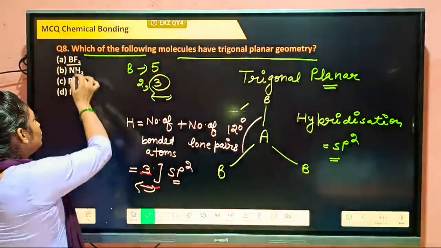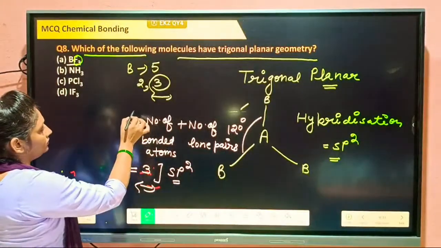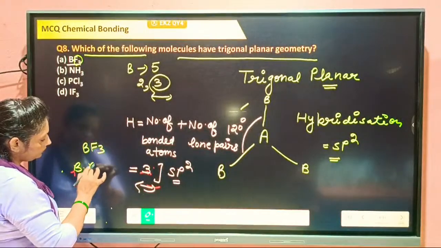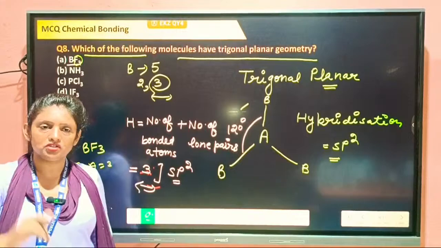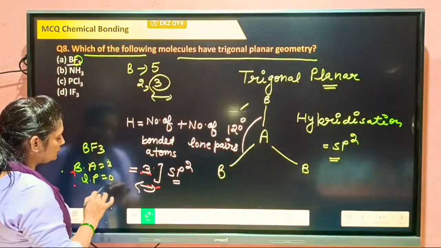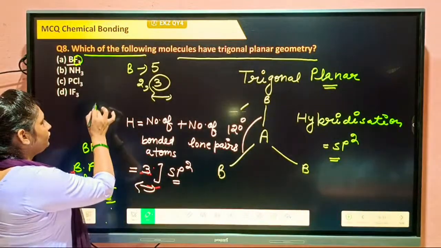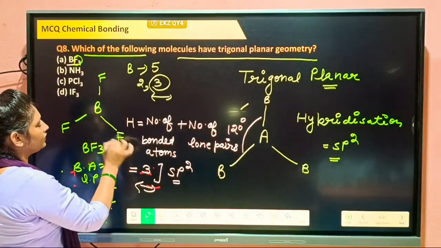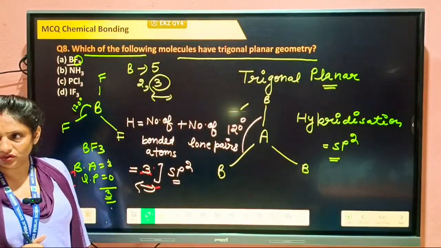And here the number of bonded atoms is 3 in case of BF3. All electrons are consumed in formation of bonds, so lone pair is 0. Overall this sum is 3 plus 0, 3. So BF3 is trigonal planar. Clear to you or not?